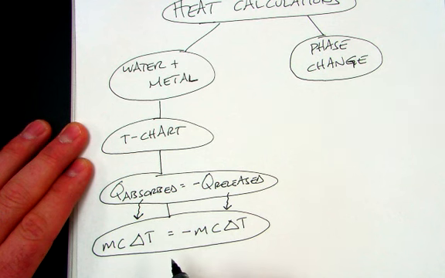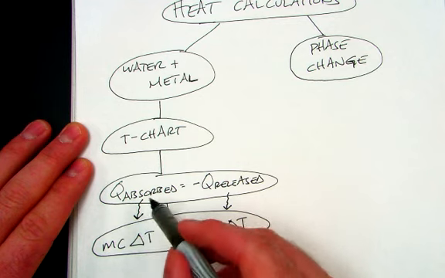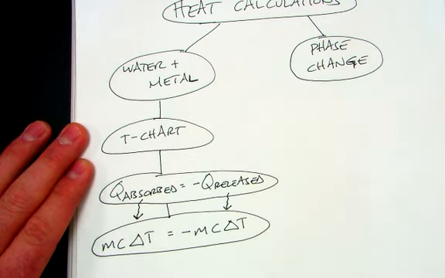So if your water starts out at 20 degrees and it ends at 30 degrees because the temperature went up, you know that it must have absorbed the heat. Typically that's the water side, but you do need to look within the problem. That's the main idea, and you're going to have one unknown on either side that you're going to solve for usually.